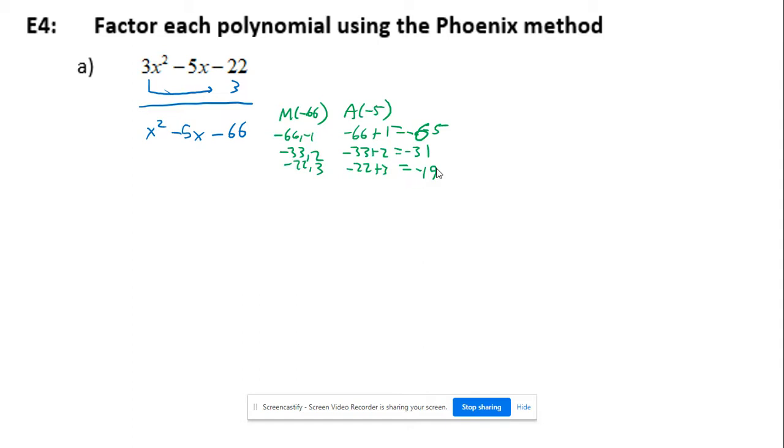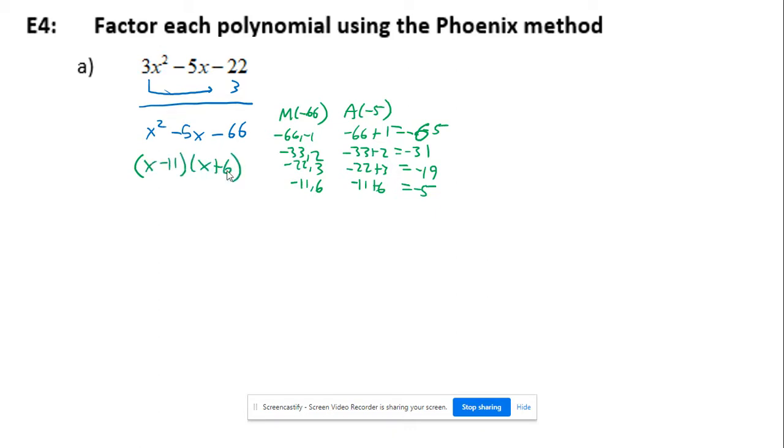How about -66 divided by 5? It's a decimal, don't have to worry about it. -66 divided by 6 gives me -11 and 6, and -11 plus 6 is -5. So that took a lot of work, and it took my calculator to help me out, but I can now factor this blue problem as x minus 11 and x plus 6.